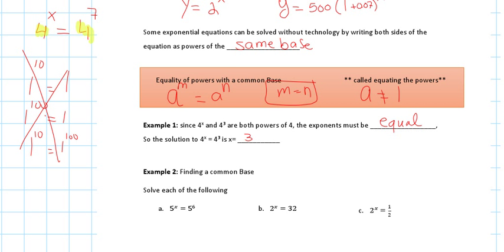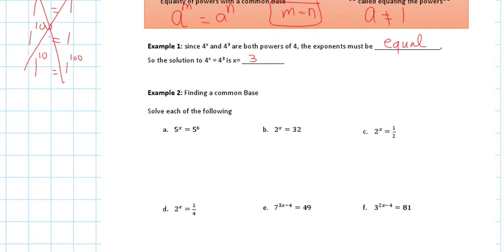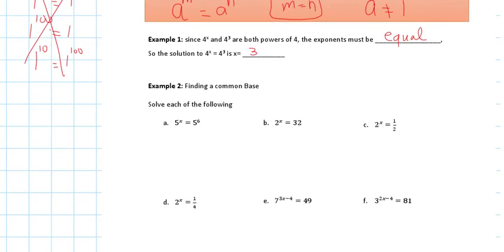So this is where we're going to have to use some guess and check. But don't worry, I'll always have a solution for you after you struggle a little bit.